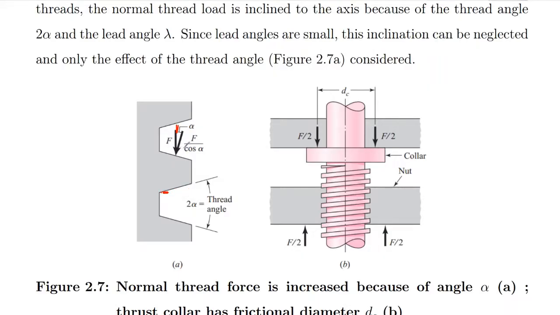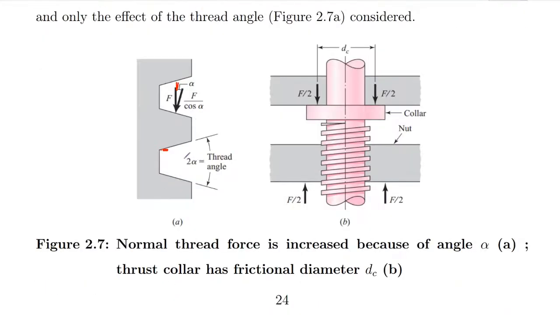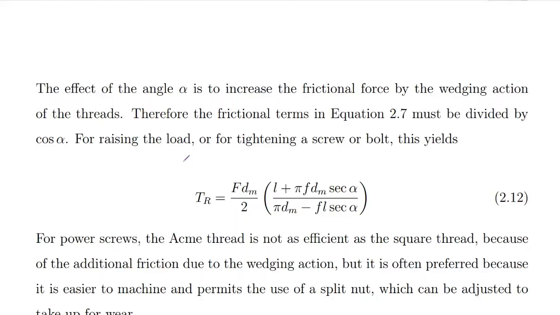If that is the case, the force acting along that line will be equal to F divided by cos alpha. That is the force normal to the surface of the thread. Then we can determine the TR with this expression here.